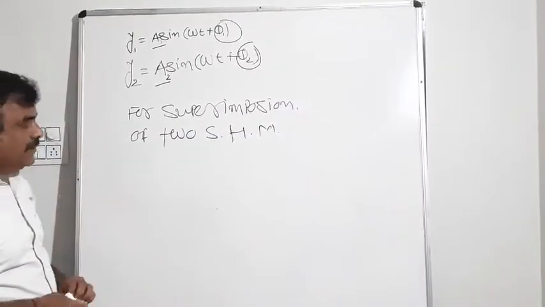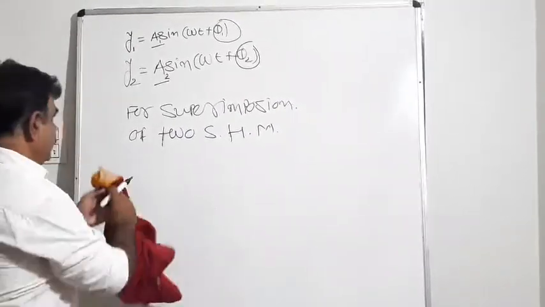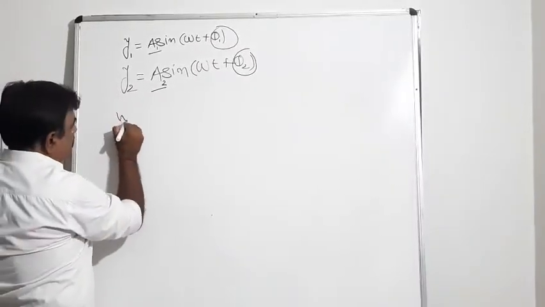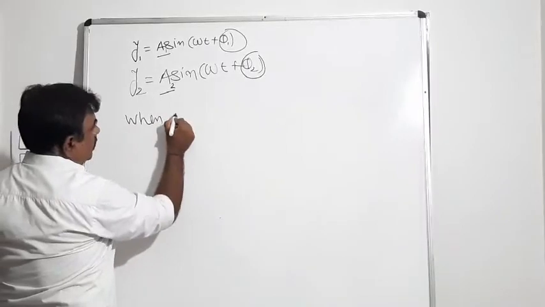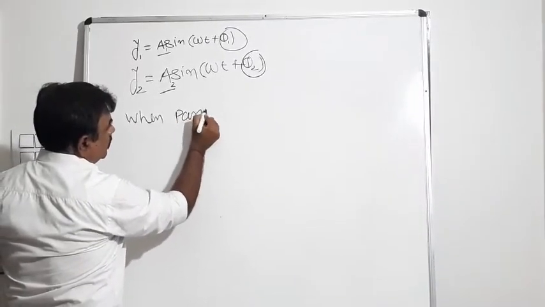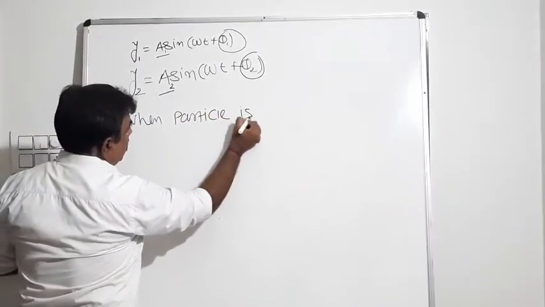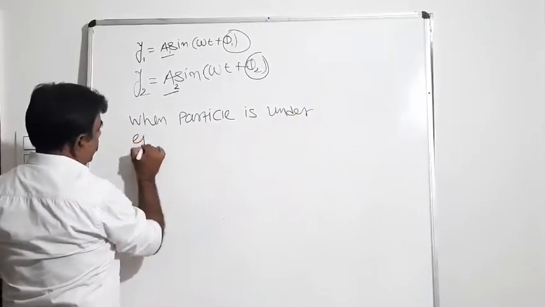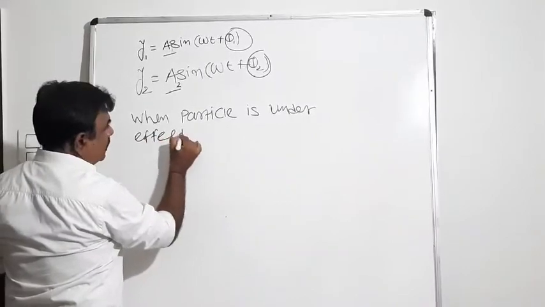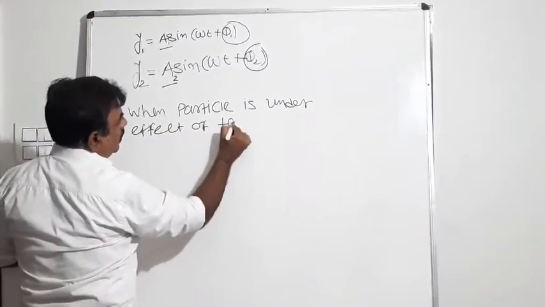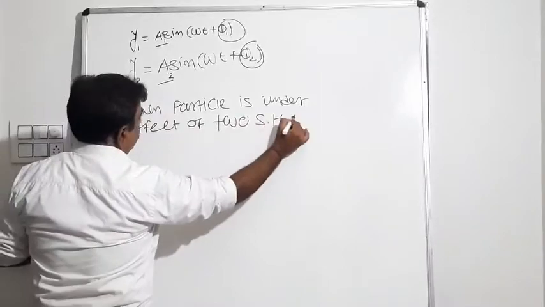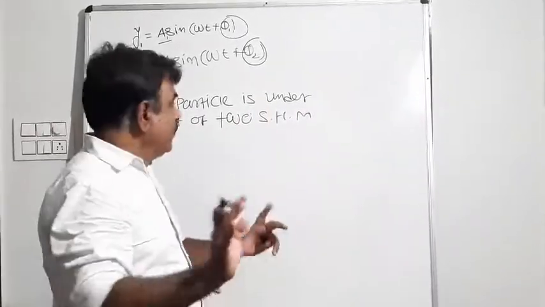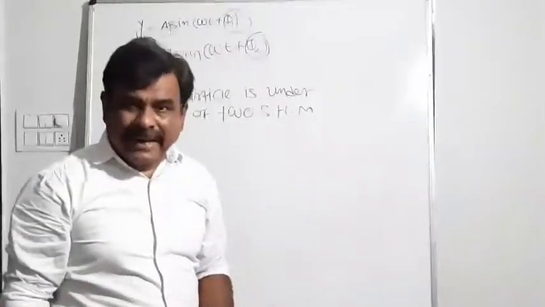A better way to say it, instead of superimposition: when a particle is under the effect of 2 SHM, what will be the resultant path of the particle?